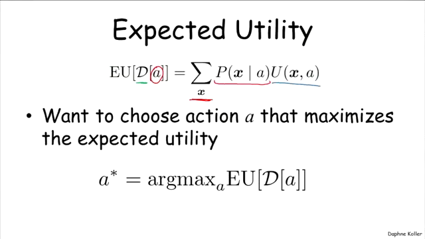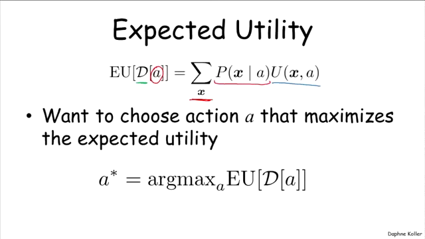And I sum up over all possible states that I might end up with, and that summation, that expectation, is the overall happiness that I have on average in this decision-making situation if I take the action A.